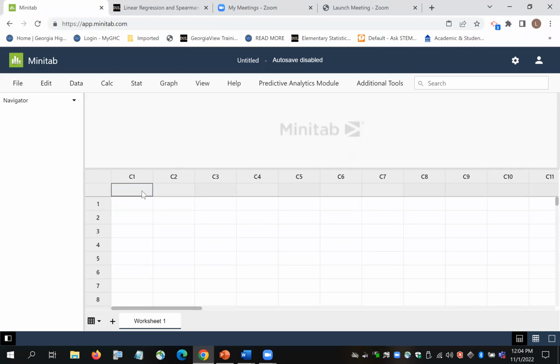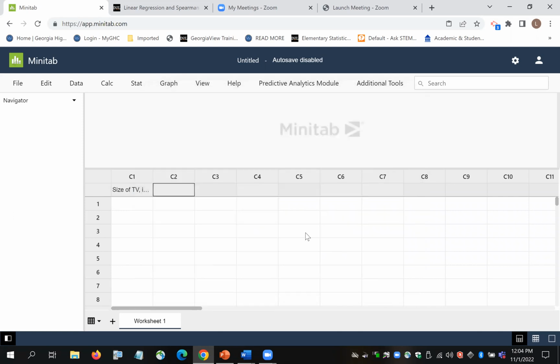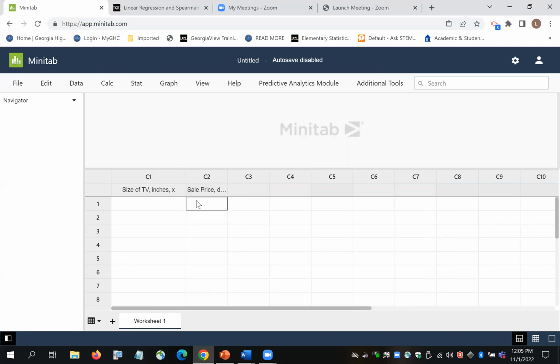So I'm going to put the X in column 1. And notice I went ahead and labeled it as X, okay, because that's going to help me later. And then next to it, I'm going to put the sale price, and I'm going to label it Y. And again, that'll help me later on.